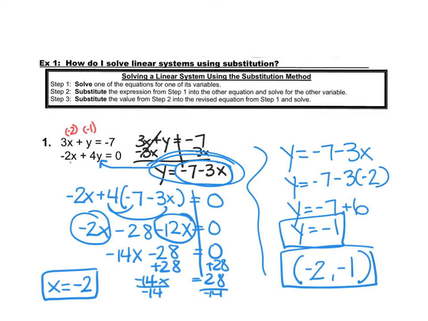Yes. And you could do it down here as well. So negative 2 times negative 2 is 4, plus 4 times negative 1 is negative 4. Is that equal to 0? Yes. And now you know that, in fact, this is the solution to that system.